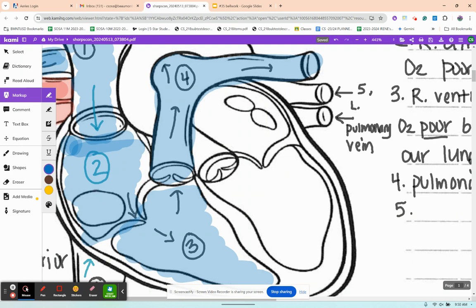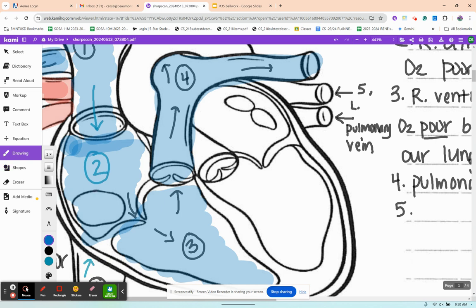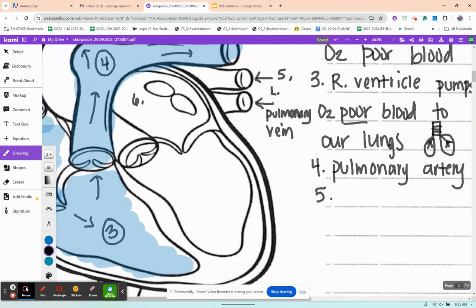All right, so our pulmonary veins bring in oxygenated blood to our heart into our left atrium. So here, number 6. Where did I mess up here? Pulmonary artery, pulmonary vein.